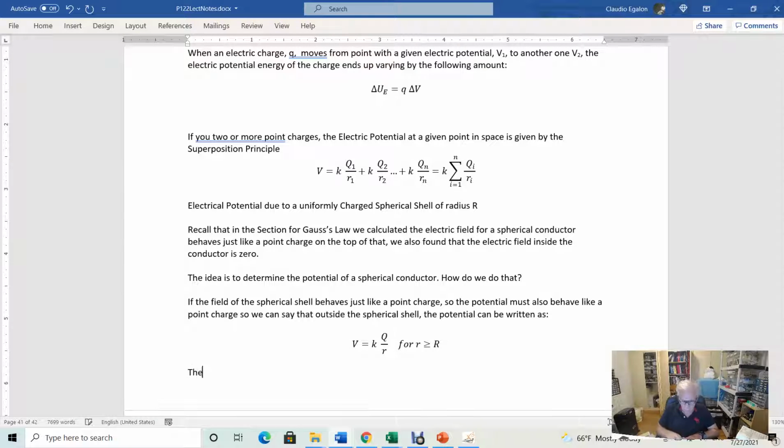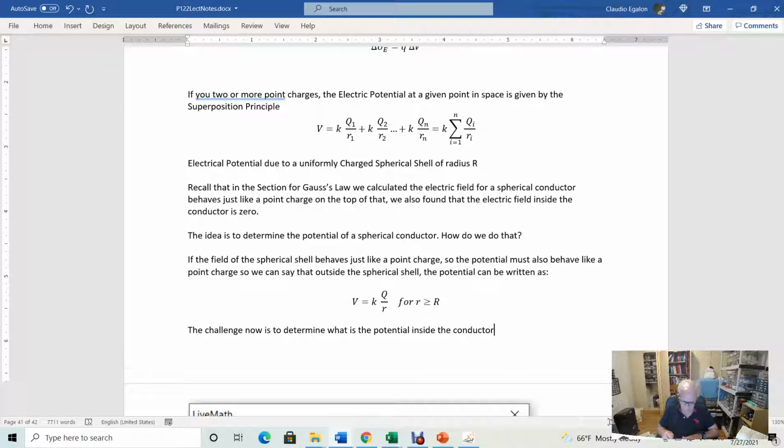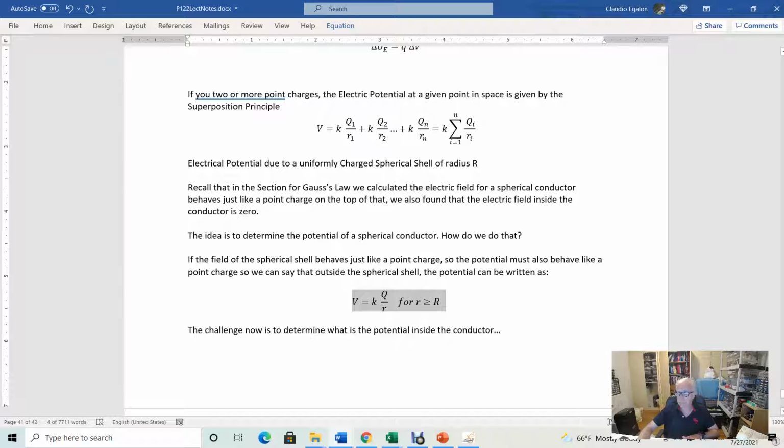The challenge now is to determine the potential inside the conductor. Finding the potential outside is just like that of the point charge, but what about inside the conductor?